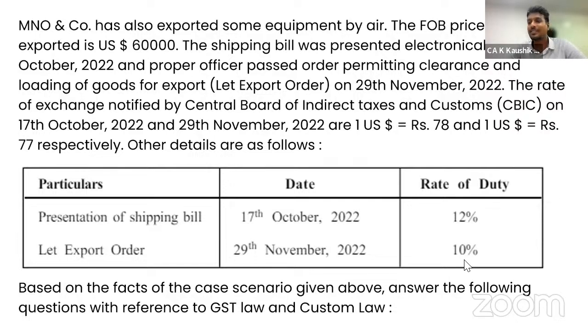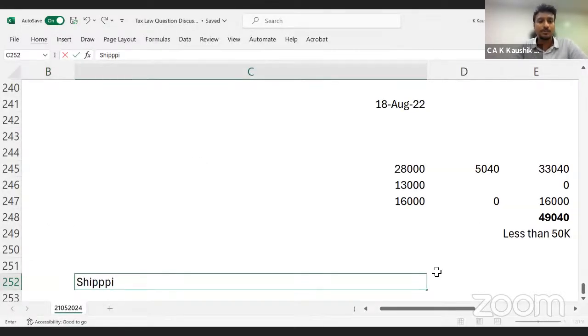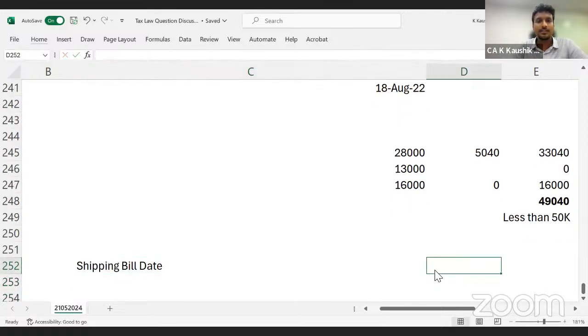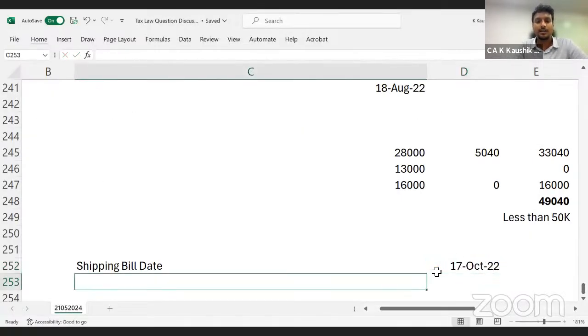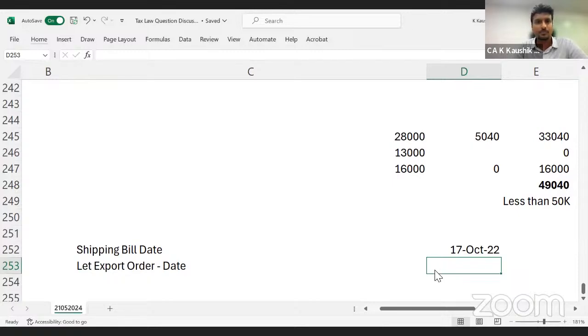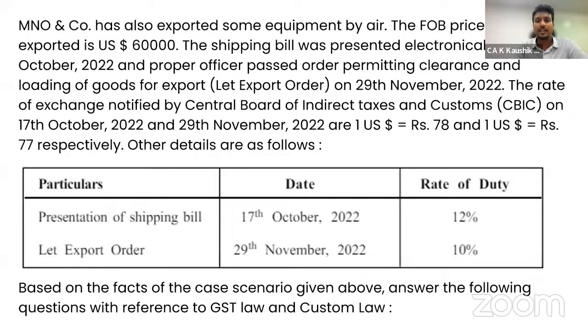So in the question that they've given, $60,000 converted at the rate of 78 rupees and calculated export duty at 10%. So let's take the shipping bill date, which is 17th October, and the let export order date, which is 29th November.